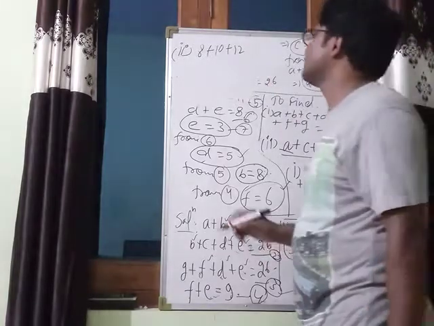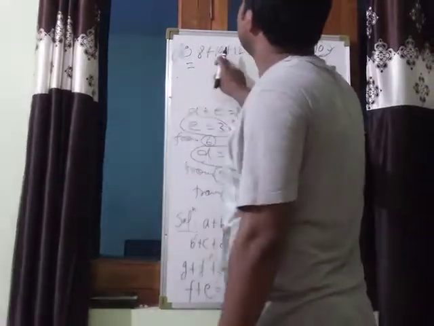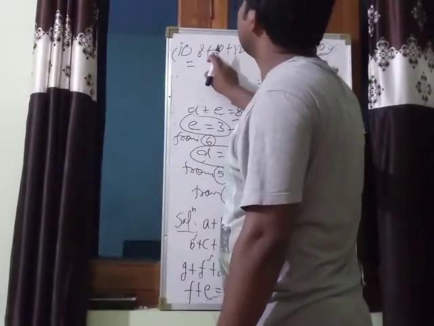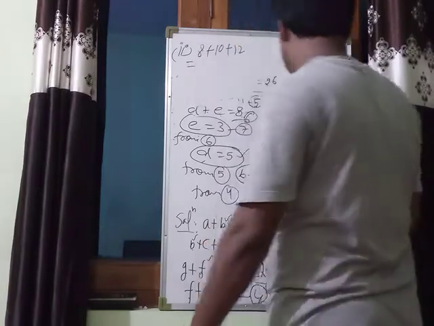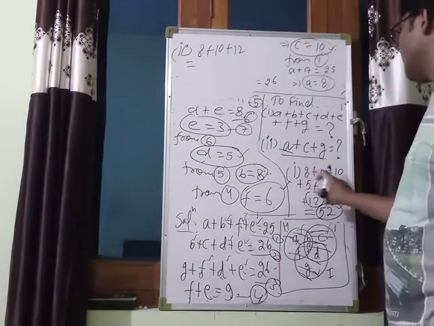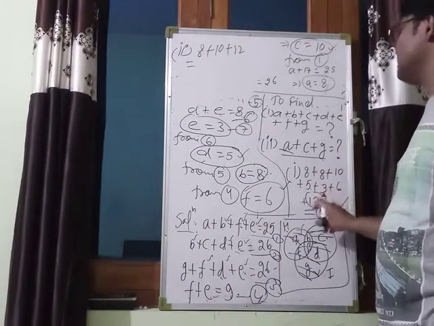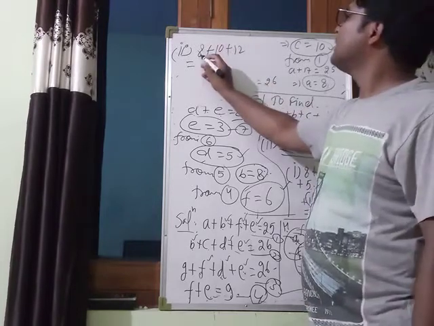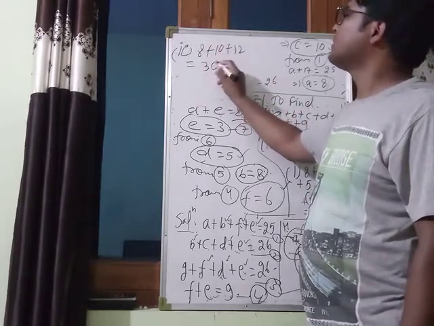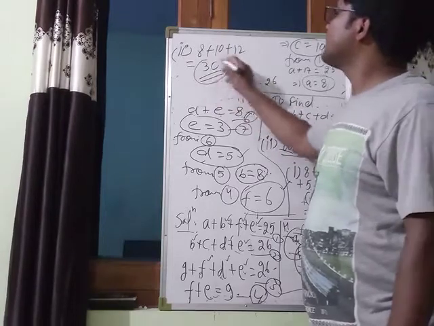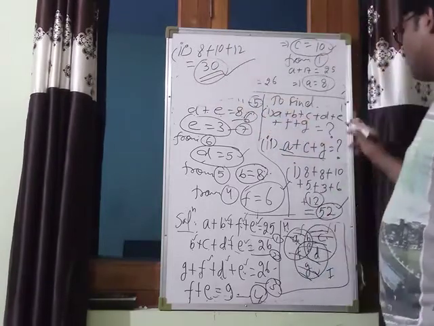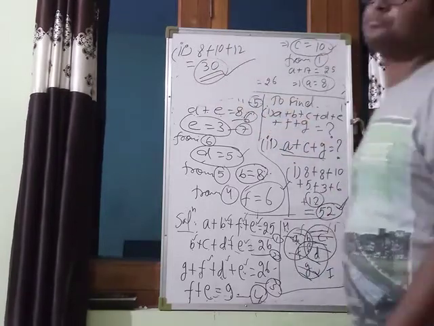You must have noted this, you can check it. That is equal to 10 plus 8, 18, plus 12, 30. So the answer of the second one will be 30, and the first one is 52.